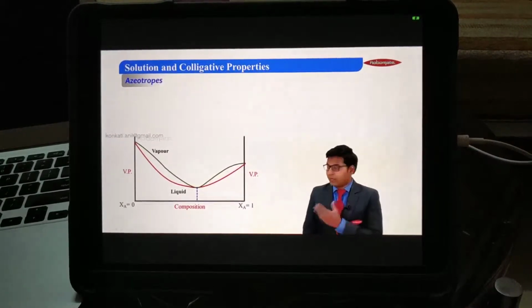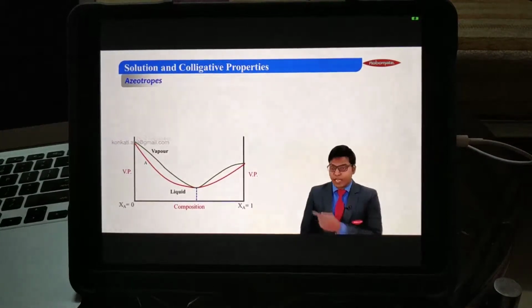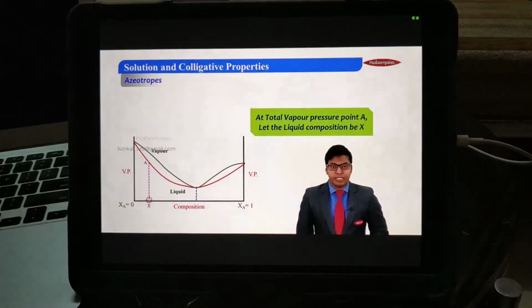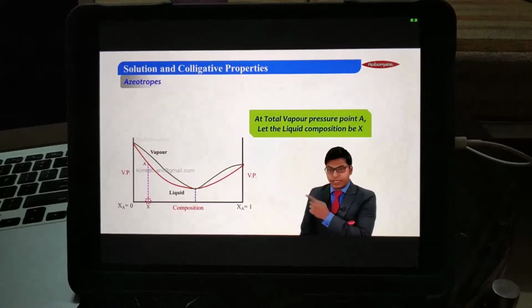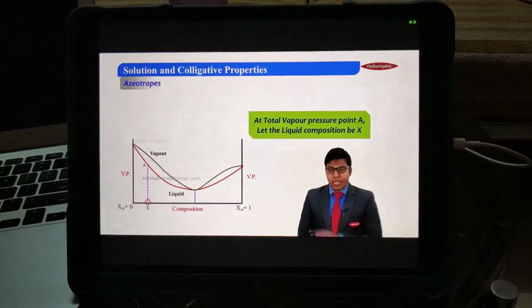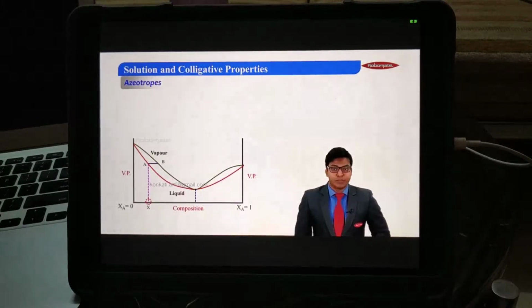First, let me take this particular curve, and at a point A you will see the total pressure. Now let the liquid composition be X. On the red curve you would see that is the total pressure point, and X is the composition in the liquid state.